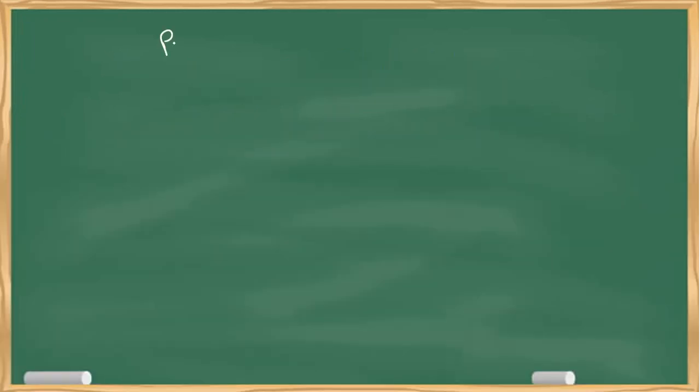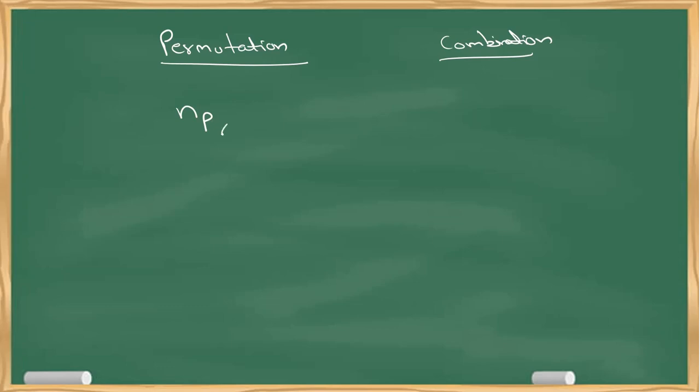So the basic thing that everybody knows, we have two things, that is permutation and combination. So here, permutation, the basic formula that we know is we denote as nPr and this we denote as nCr.